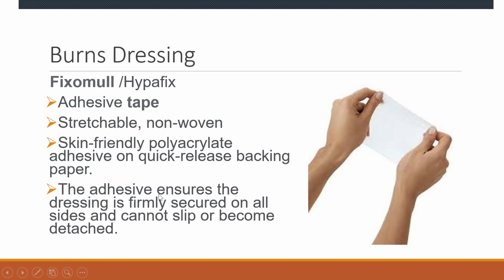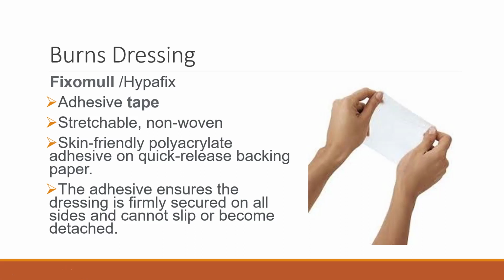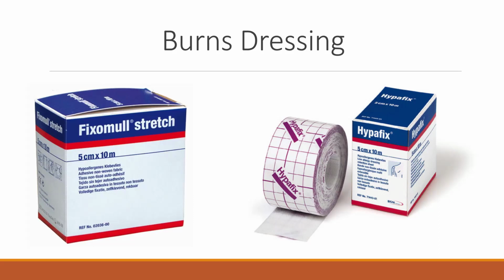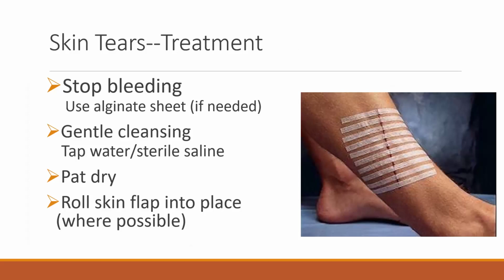The adhesive will ensure the dressing is firmly secure on all sides, and also cannot slip and become detached. 所以说它必须吸附在这个皮肤上，而且皮肤有很多的这些渗出物，所以说如果它的吸附性不是很好的话，有时候可能就容易就掉了。So that is Fixomull or Hypafix，所以它是长这个样子的，如果你看到这样子的一个 dressing，你知道这个是一种有弹性的，然后可以固定在伤口。特别是我们会常用在这个比较烧烫伤。Okay, and the next one is skin tear.